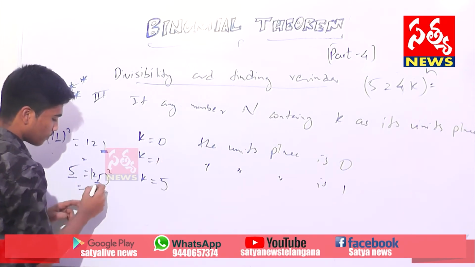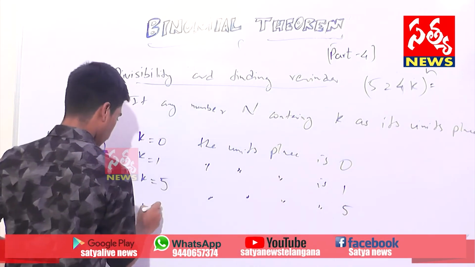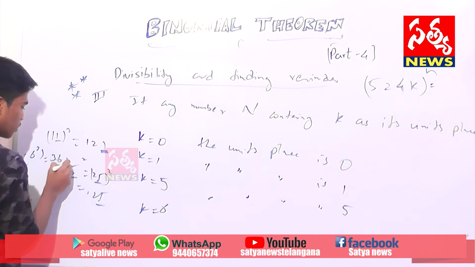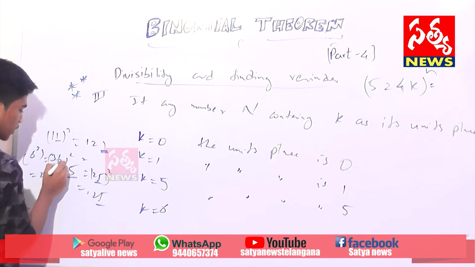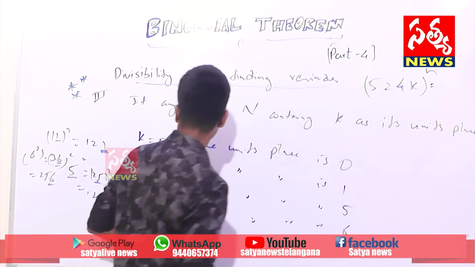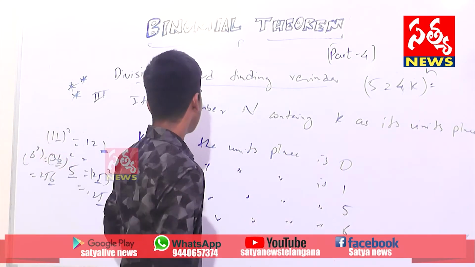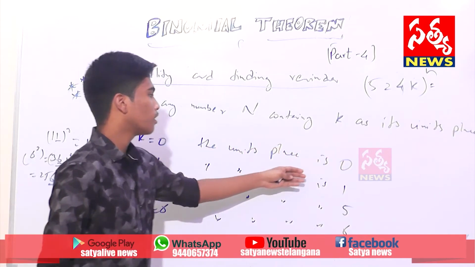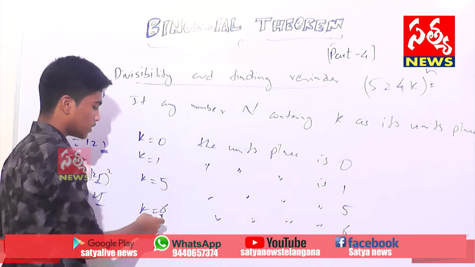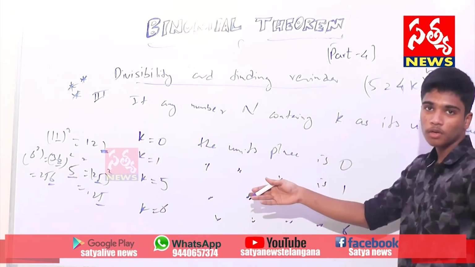See, we are getting the same 5 in the units place. If k is 6, 6 square is 36. 36 square is 1296. Again we are getting 6 at the units place. See here, these are the numbers which on powering do not change the units place: 0, 1, 5, 6. You can say only these 4.